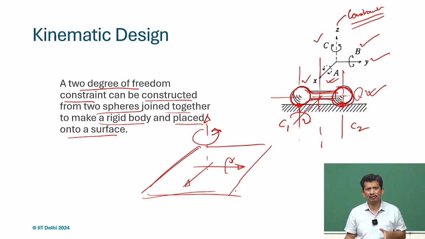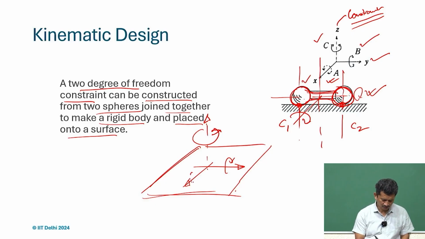That is possible only if we for some reason remove one of the contacts C1 or C2, otherwise it is simply not possible, either it will impinge on or leave the surface. If we try to rotate this way, this will impinge and this one C2 will lift up. So, again it is not a valid solution. So, it means this rotation again are constraints.